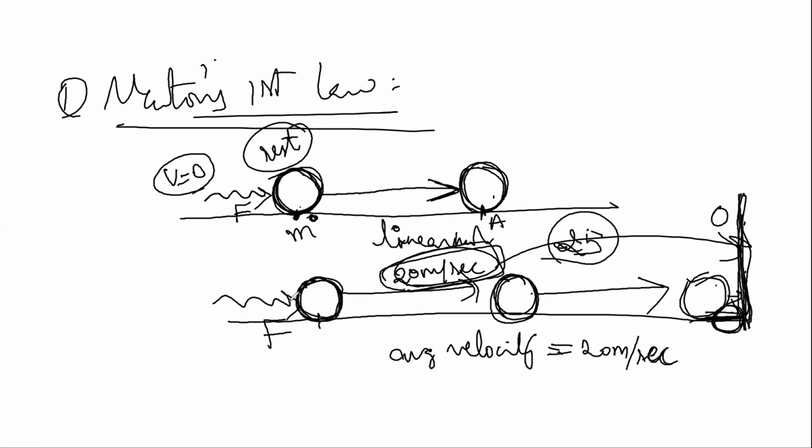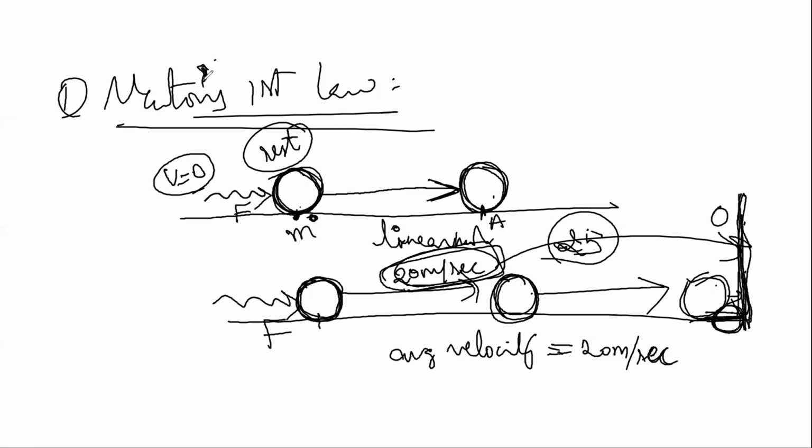See, the body is continuously in motion with velocity 20 meter per second only until you have applied an external force F, right? Similarly, the body continues to be at the rest position until you have applied a force F. So this is Newton's first law.